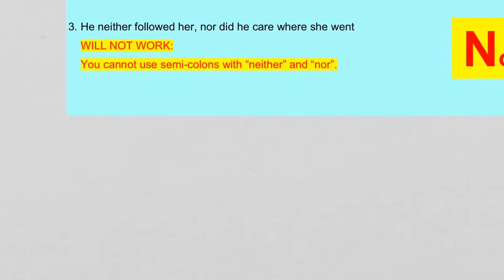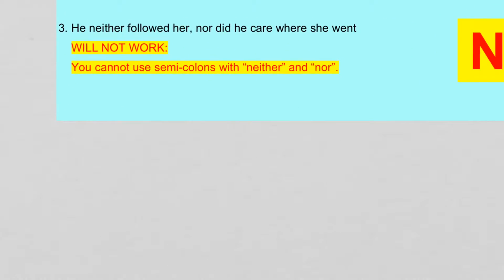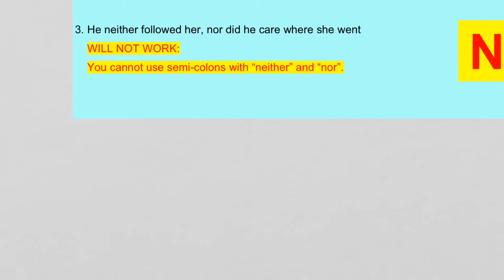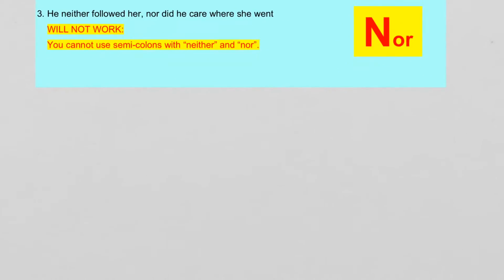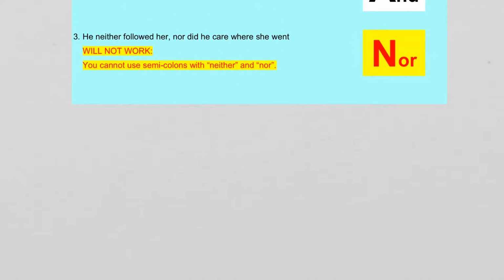So if you're using nor, you always have to start off with neither. He neither followed her, comma, nor did he care where she went. And you can't put a semicolon in the place of nor, because you have to start with neither, and it just doesn't work. So just remember that if you have the conjunction nor, you can't replace it with a semicolon.